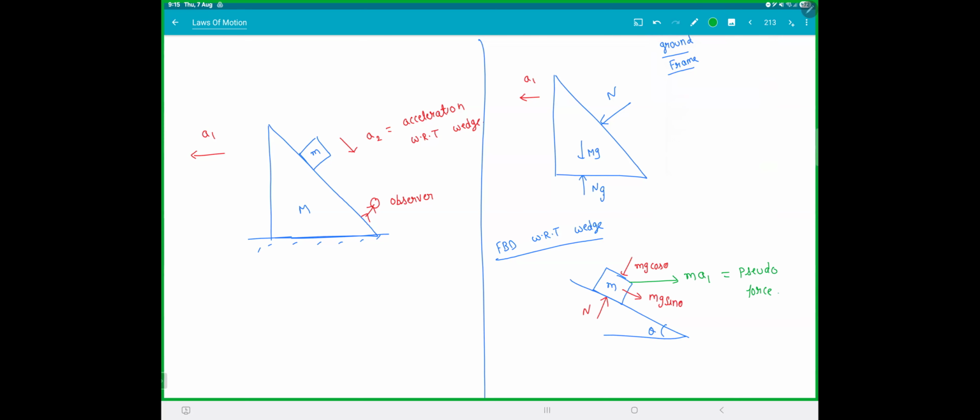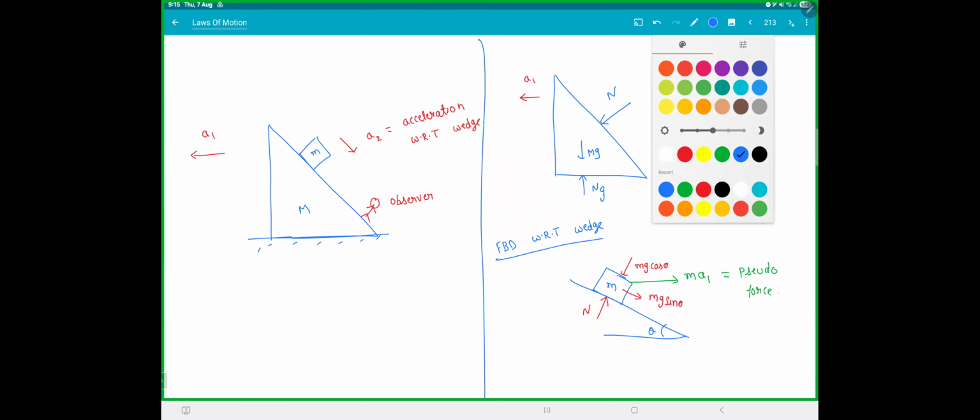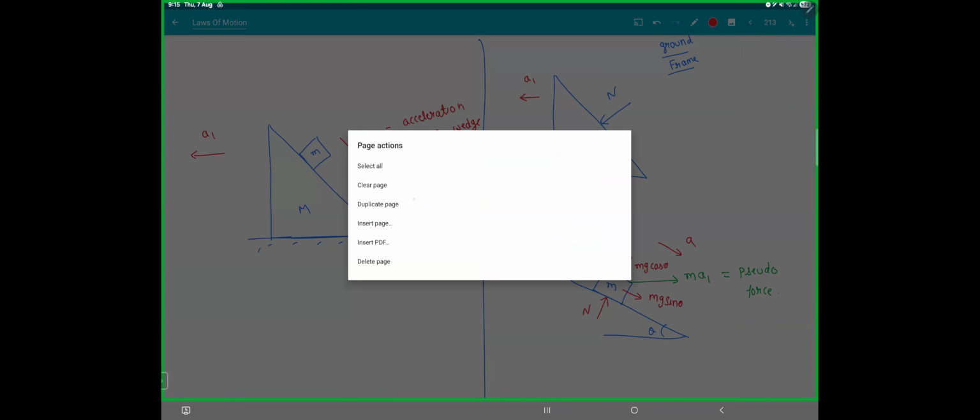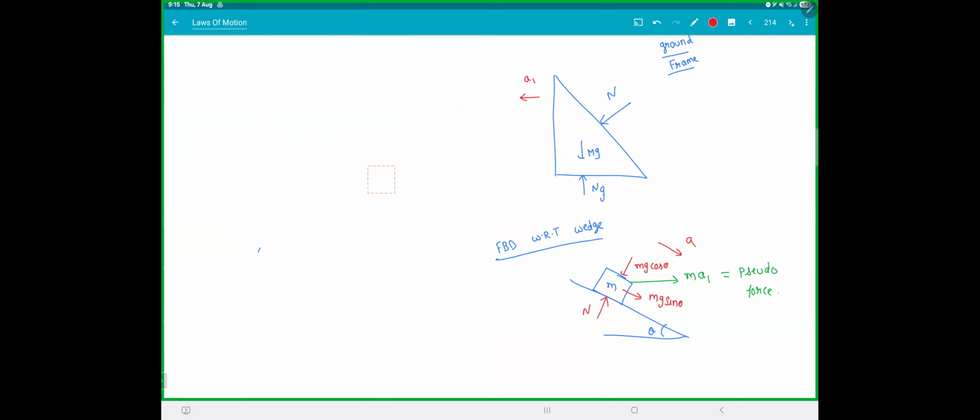Because the observer is standing on the wedge, he will think, yeah, I'm in a non-inertial frame, so I need to apply a pseudo force. And the acceleration of the block is a2, so this guy also thinks there's an acceleration. And remember, I'm writing forces on the body, accelerations outside the body. There, we got the FBDs.